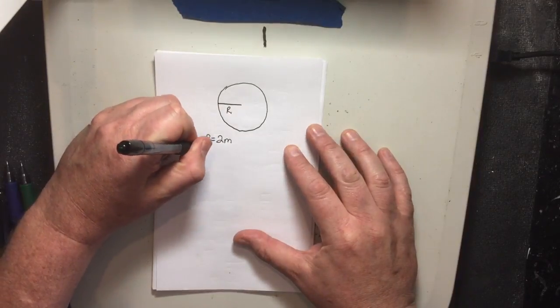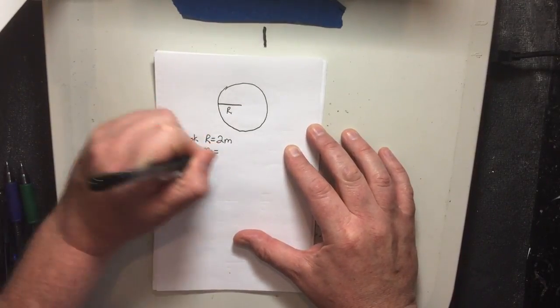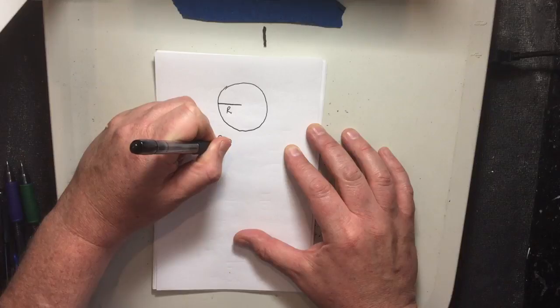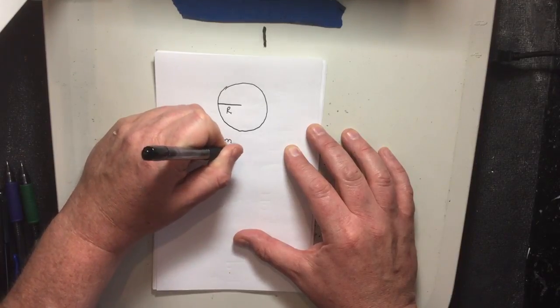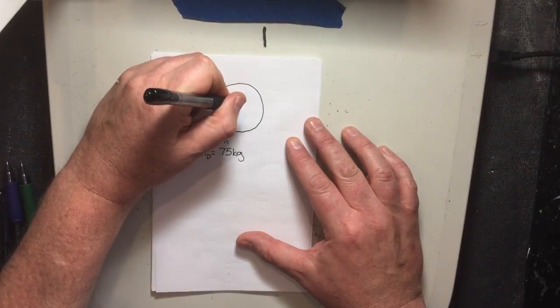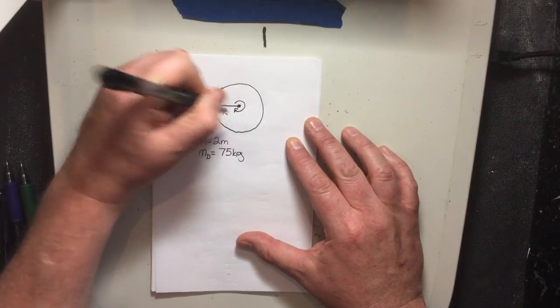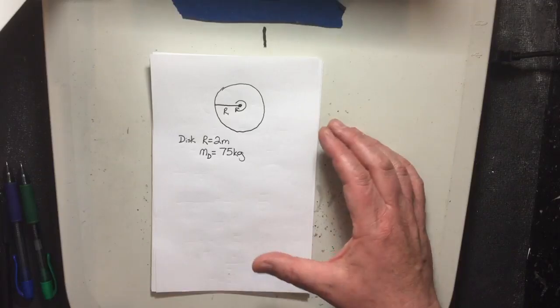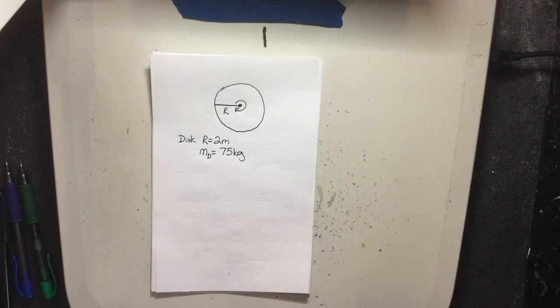And the mass of the disc is 75 kilograms. And this thing can rotate around its center of mass. Basically, there's an axis right there.